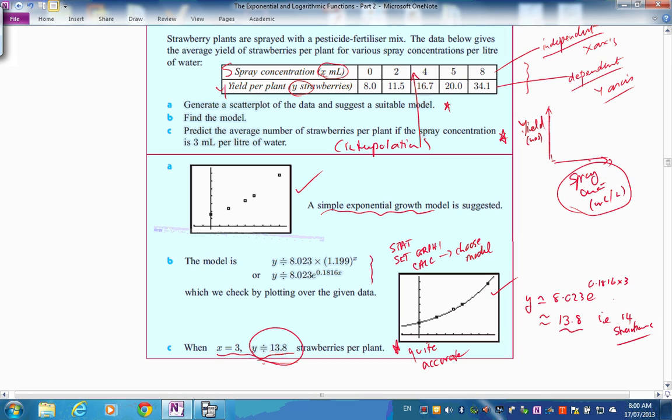But if they don't say, and they don't here, that you have to substitute in like this, you could have copied across to graph, particularly if you've got more than one estimate to do, copy across to graph and use gsolve.